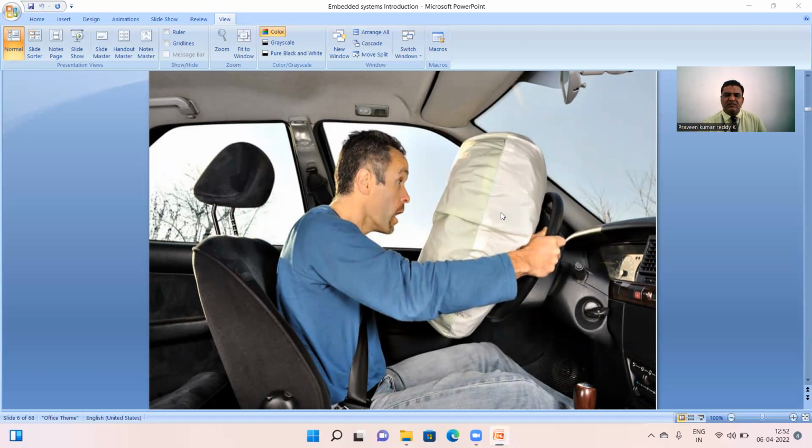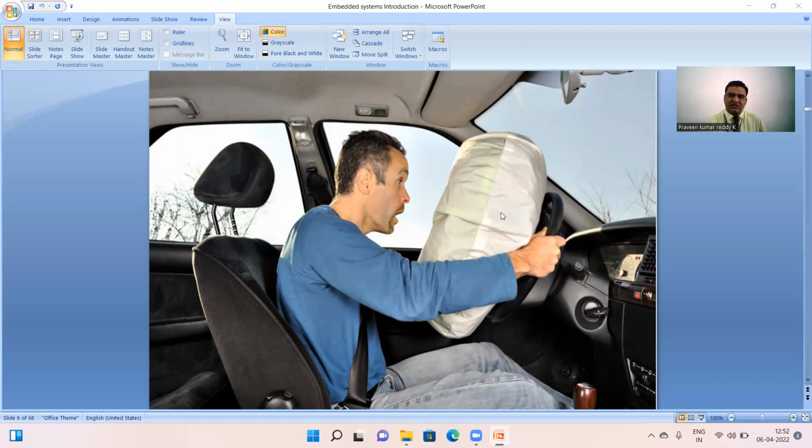When the microprocessor gets input from the sensor, it will run a small program stored inside it, and it will give the output, that is, activate a motor driver or the airbag driver to make it open. This entire thing is getting the input from the sensor, going to the processor, which has to run the small program and activate the motor to open up the airbag.